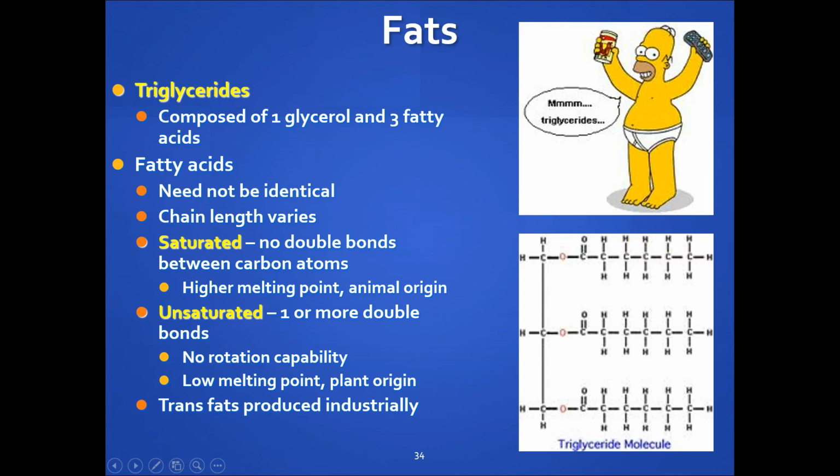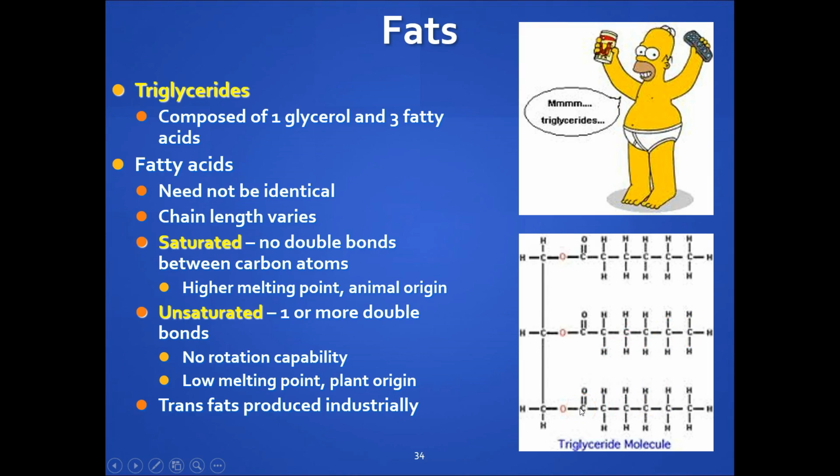Some of them are 18, some of them are 20, some of them can be different numbers. So the three fatty acid chains on a triglyceride do not have to equal each other. But they do have this glycerol, which is this 3-carbon molecule right here with the oxygens. That's a glycerol, and it is what's connecting the fatty acid chains.